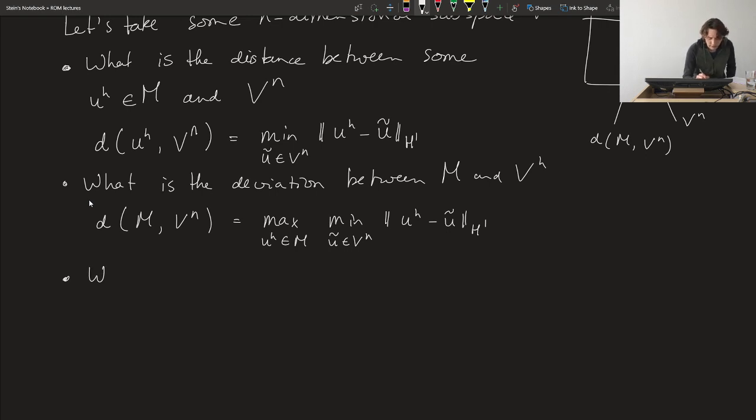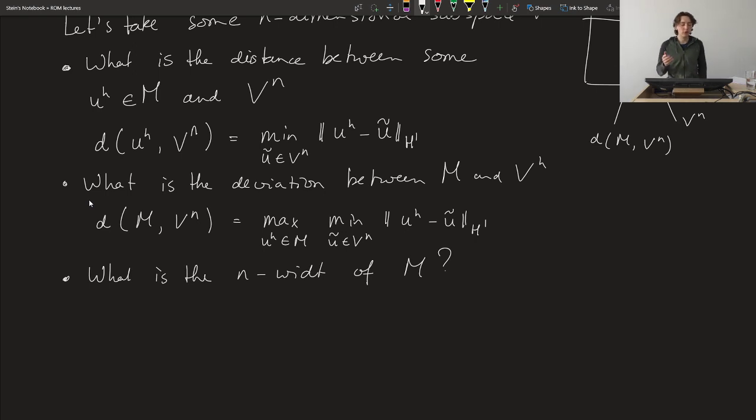So what is the n width of M? And that will actually be the distance or the deviation between M and Vn when Vn is taken to be the optimal space.